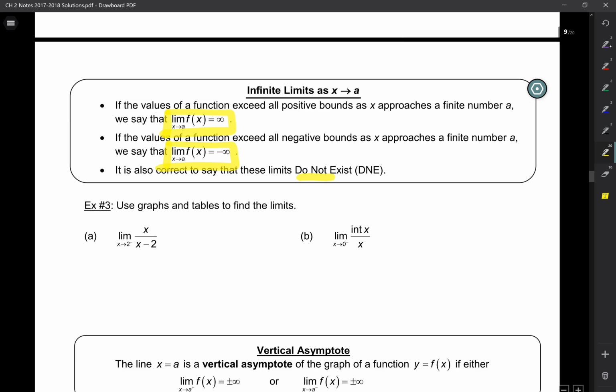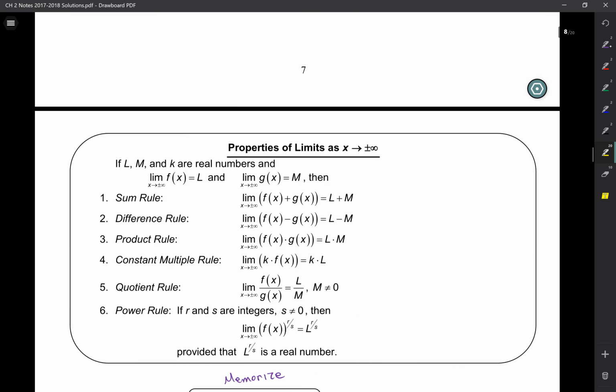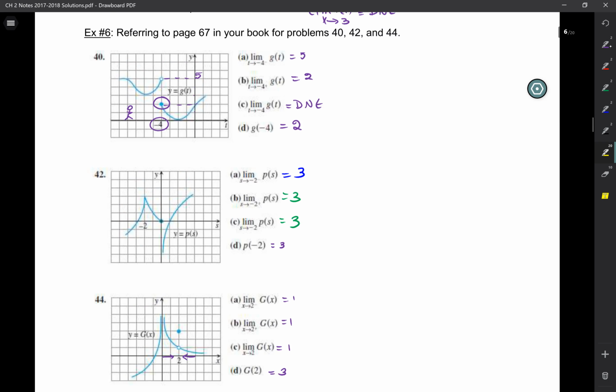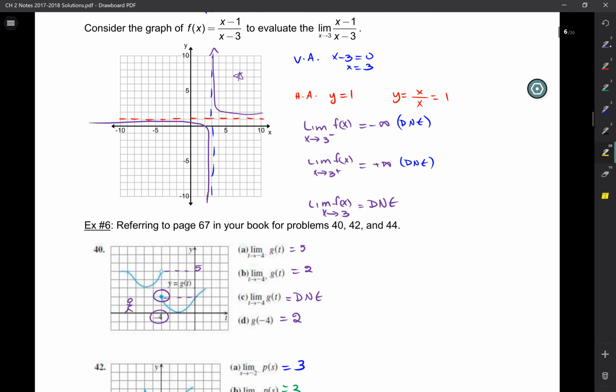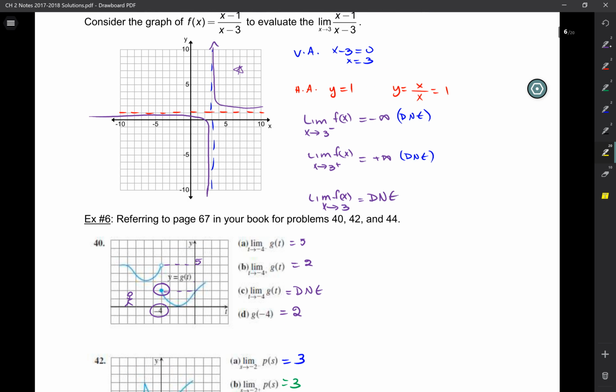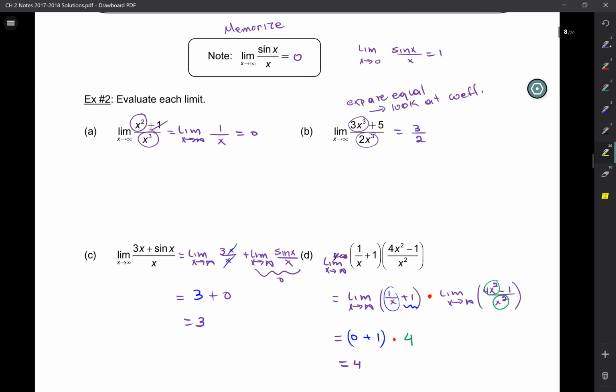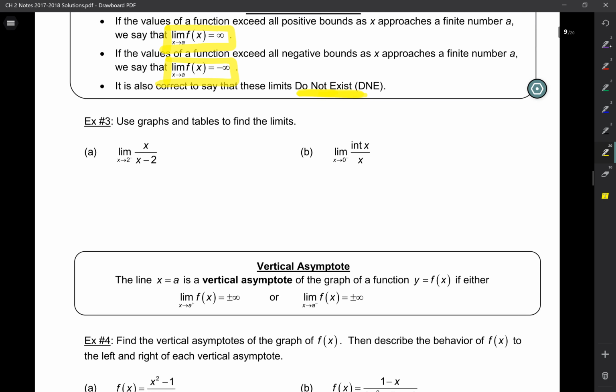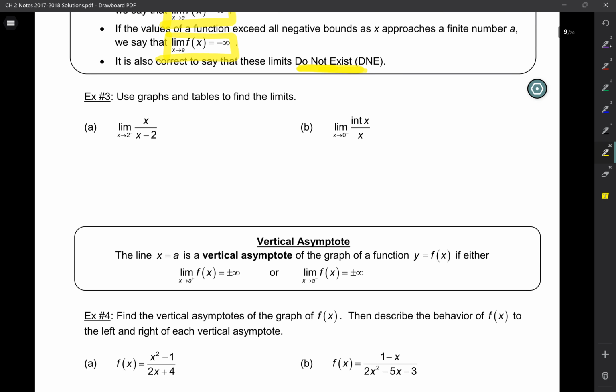We can also say it does not exist, DNE. Remember we were talking about this on Monday. So it's more of that we're going to do. Okay, so let's use graphs to find the limits of these.